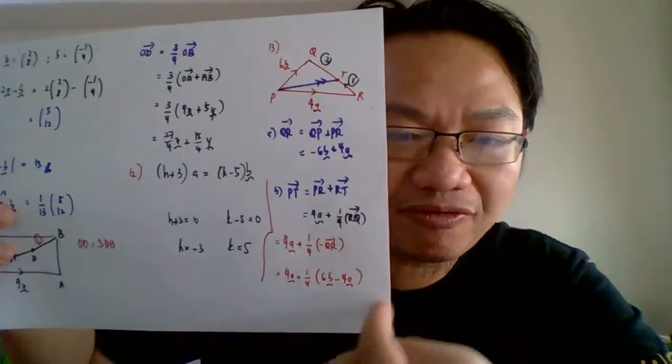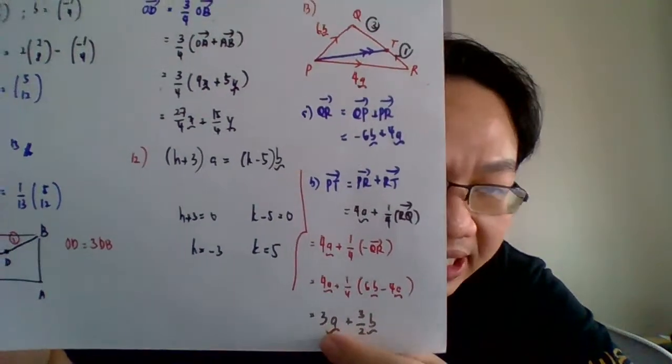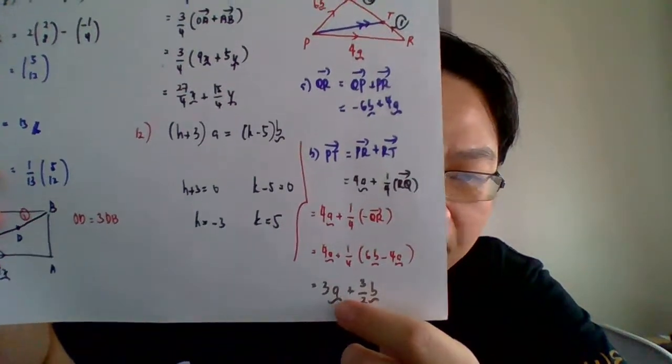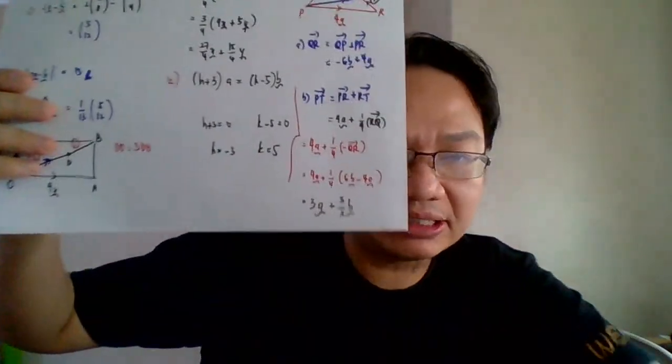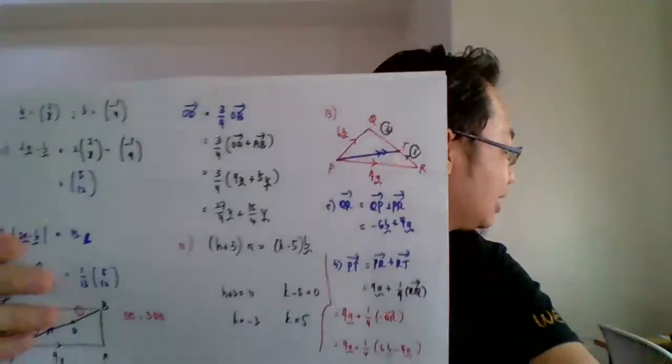So I simplify everything. 1 over 4 times negative 4 is negative 1. 4A minus 1 is 3A, plus 3 over 2 B. This is my final answer. Please double check, is that correct or not? 3A plus 3 over 2 B. That is the final answer for question number 30.